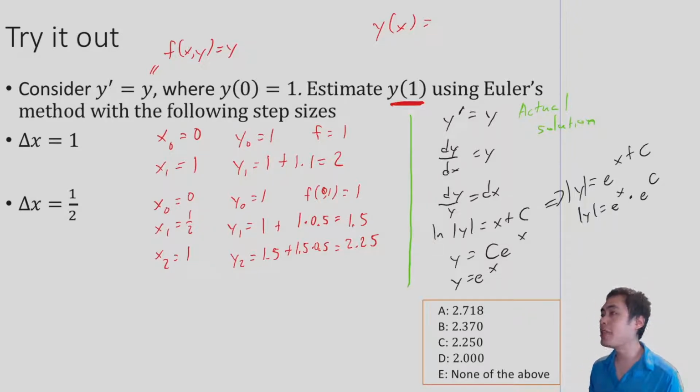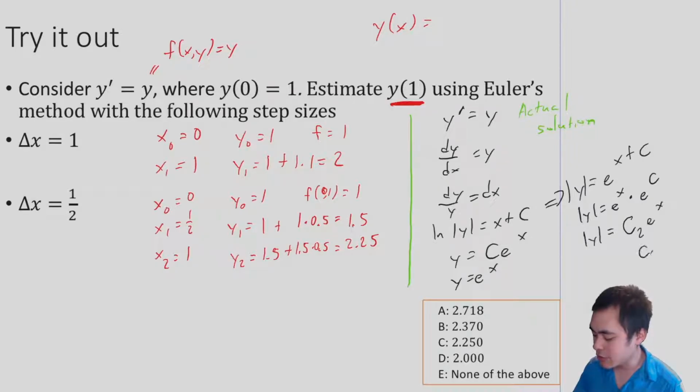And this is just some arbitrary constant, right? So this implies the absolute value of y is equal to some constant c2 times e to the x, where c2 is equal to e to the c. But you can just replace c2 with c, since they're all just arbitrary constants, and we don't need to keep track of the fact that it's a c2.